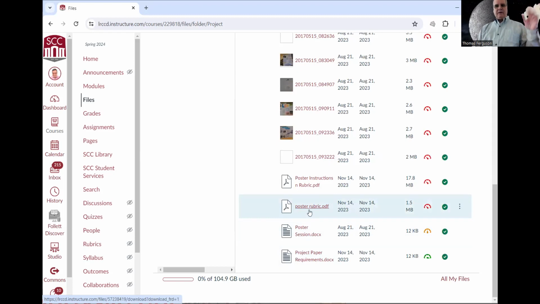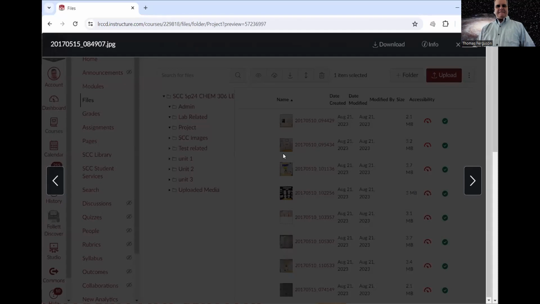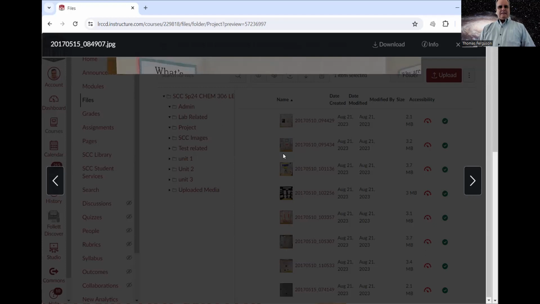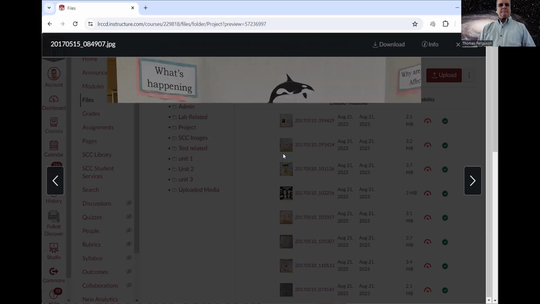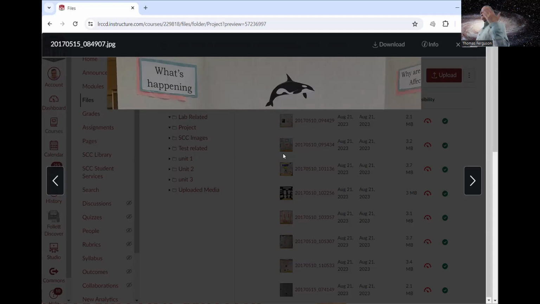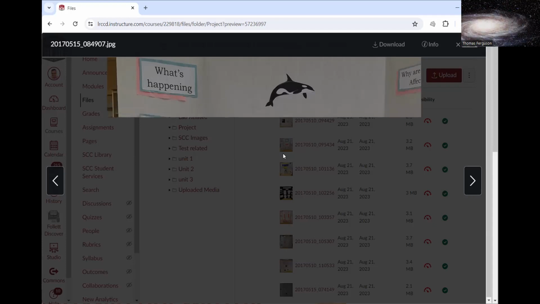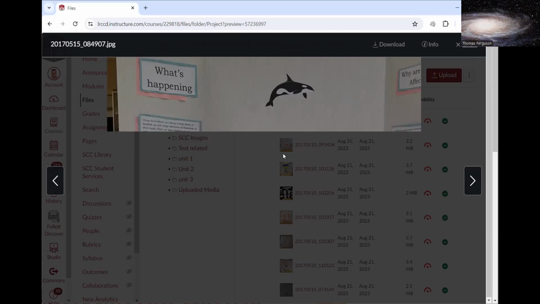There's a rubric and so on. You can click through some of these and get an idea, depending on the bandwidth. Some of these files are kind of big, like this one, for example. It's going to be a 3-panel poster and then a 1,000-word essay. I'd recommend doing that over the semester recess.